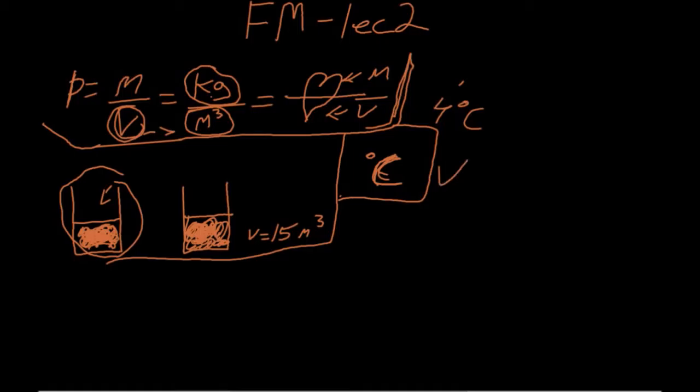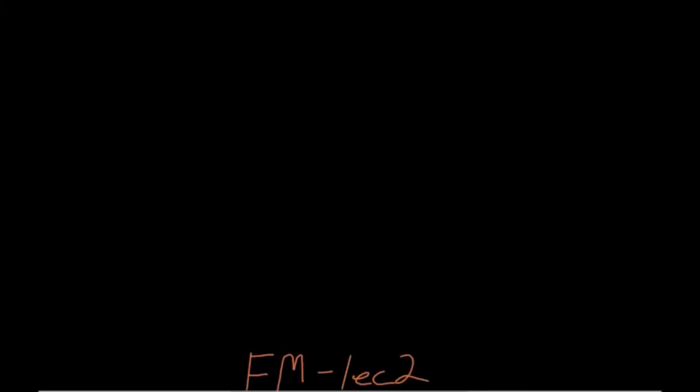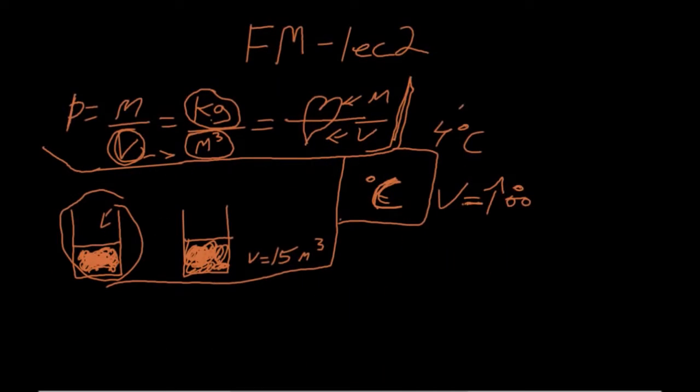Well, if the volume increases, then the density would decrease. So the density would go down. And that's sort of true with most liquids. Like I said, when they become hotter, their density usually decreases.